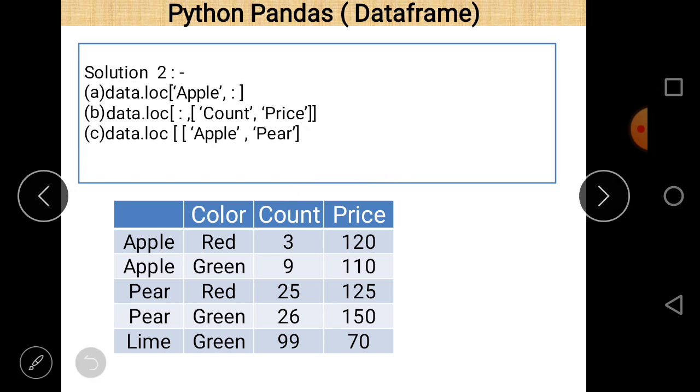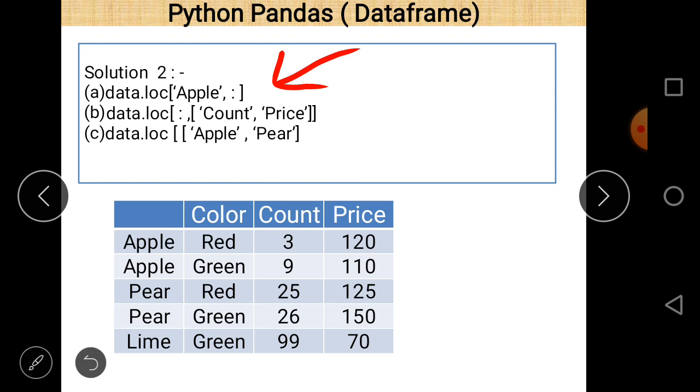So what is the answer? Since all rows should be selected, that's why we put a colon sign here. To put a colon sign in place of rows means that all rows should be selected, and after that, since there are two columns and the column names are count and price, these two column names are given in a bracket, count and price here.